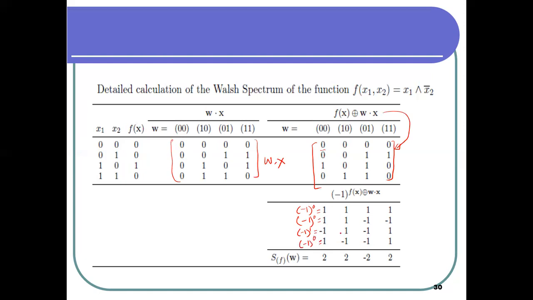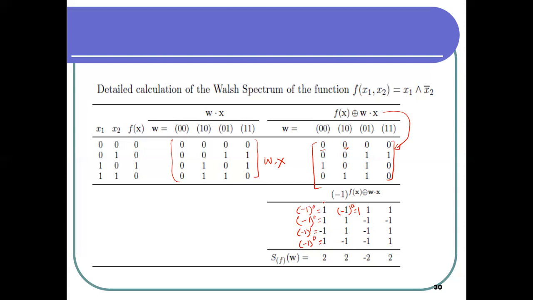Similarly, all of you have to calculate like this. You take this as input, minus 1 to the power of the output of f of x XOR w times x. If it is 0, you will get 1, since it is minus 1 to the power 0.